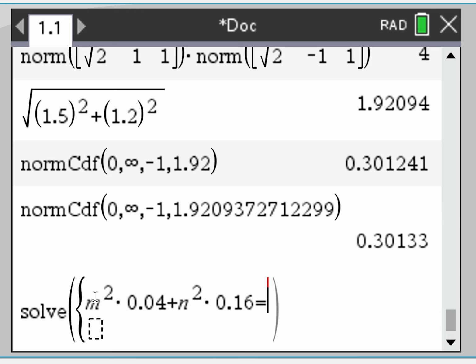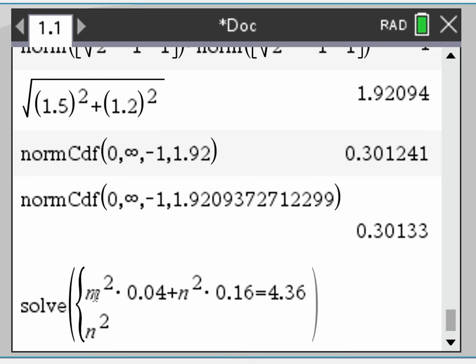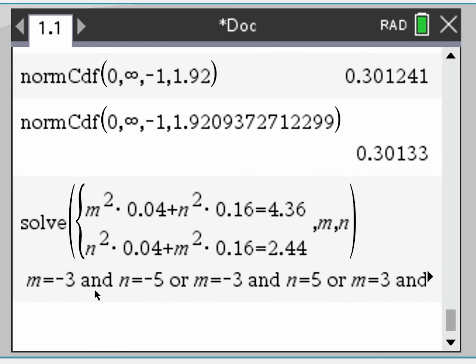That has to equal 4.36. Now N squared times 0.04 plus M squared times the variance of T, which is 0.16. That has to equal 2.44, comma M, comma N.